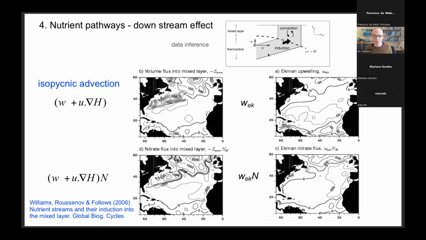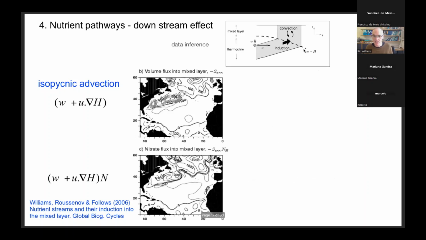So our view was that the transfer from the nutricline or the stratified thermocline into the winter mixed layer, and that transfer of nutrients, is being achieved by this slantwise transfer into this deepening of the mixed layer.